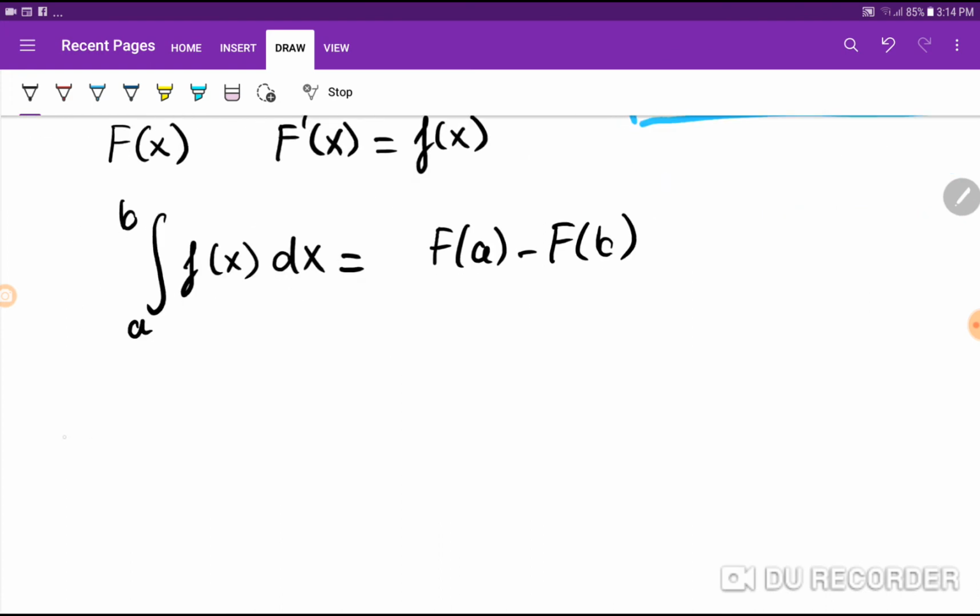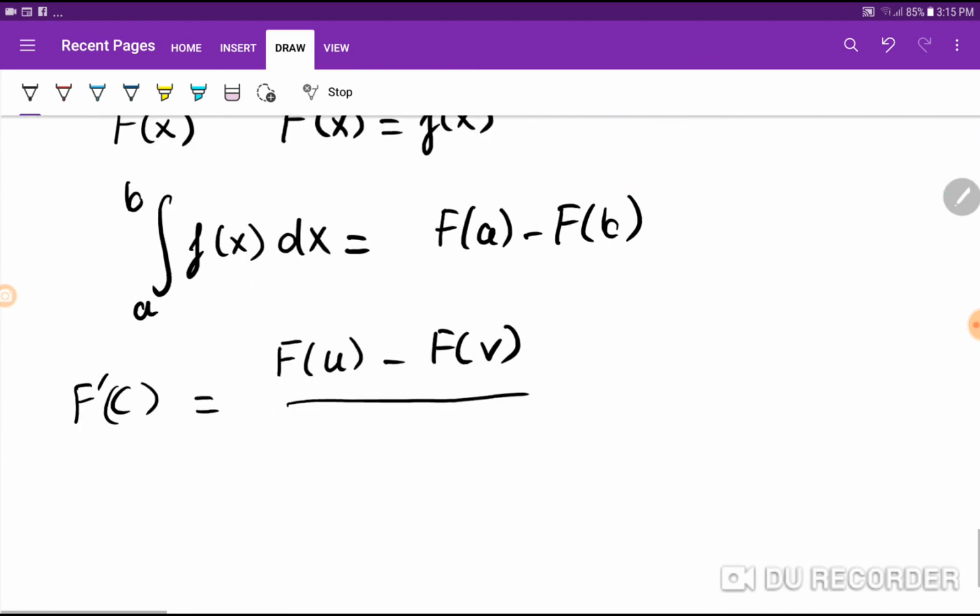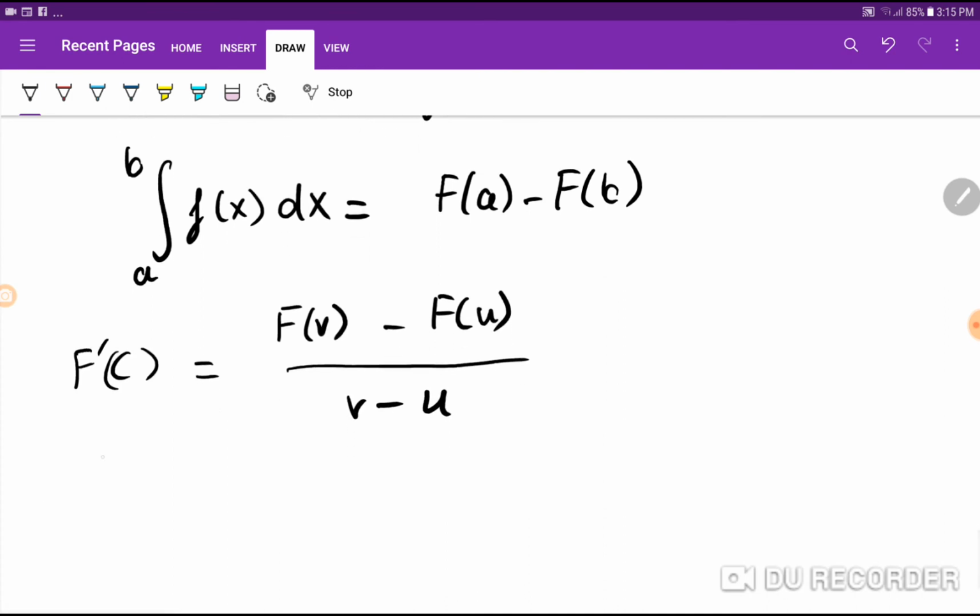So you have F prime of c equal to (F(v) minus F(u)) over (v minus u). I'm going to stick to the notation right here. So F prime of c is nothing but f(c), because F prime of x equals f(x).